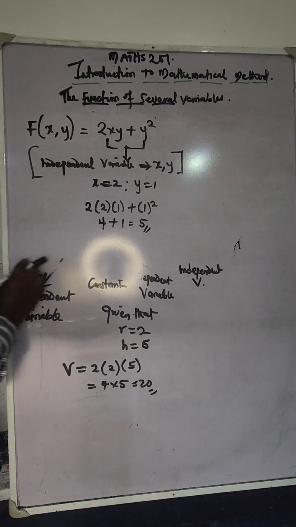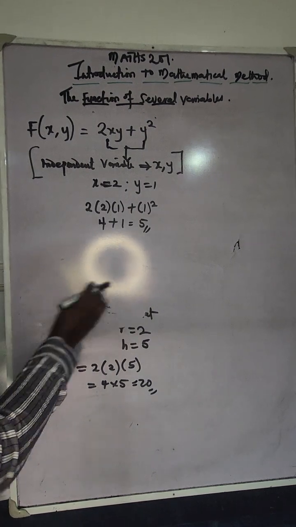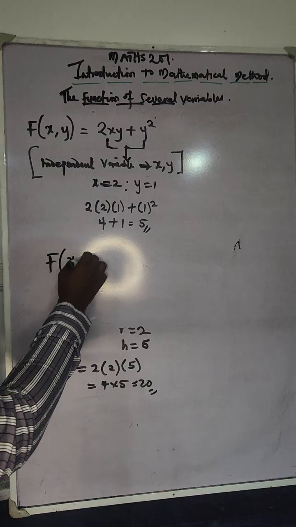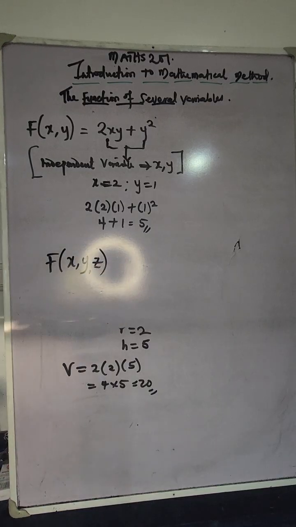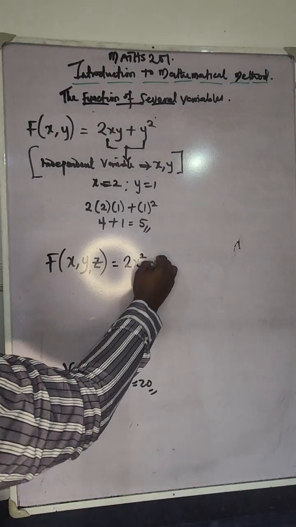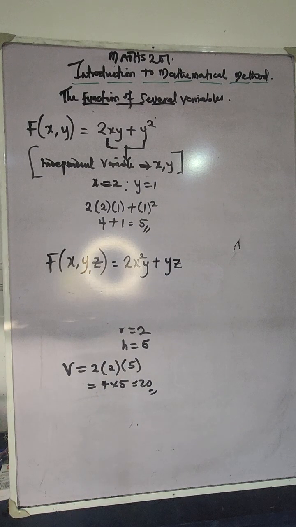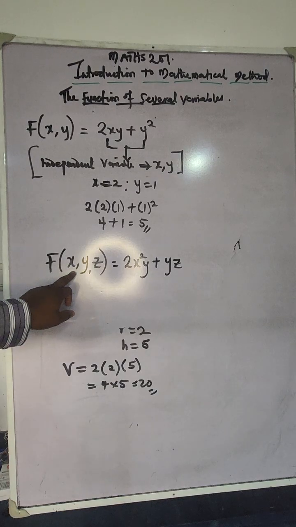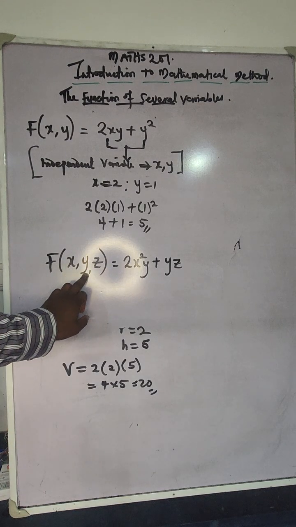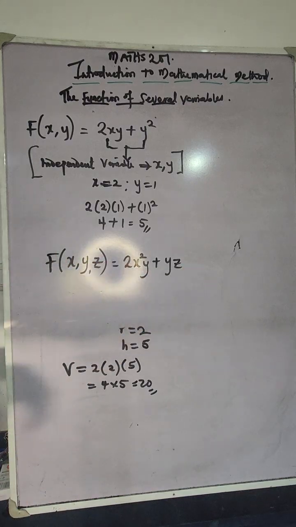So let's assume you have a function containing x, y, z. You have it as 2x squared y plus yz. Yes, this is a function having three independent variables, right? Having three independent variables, such that 2x squared y plus yz is a function.